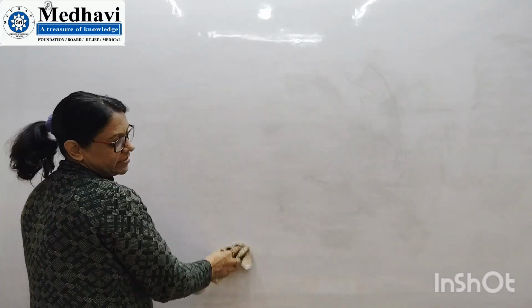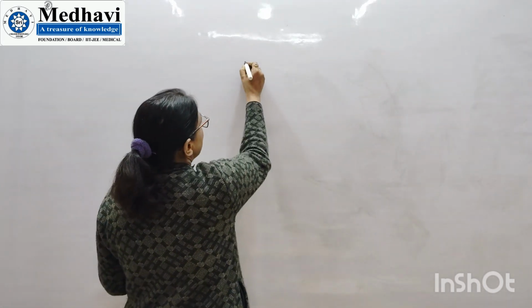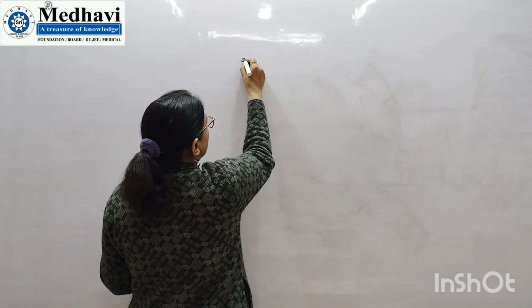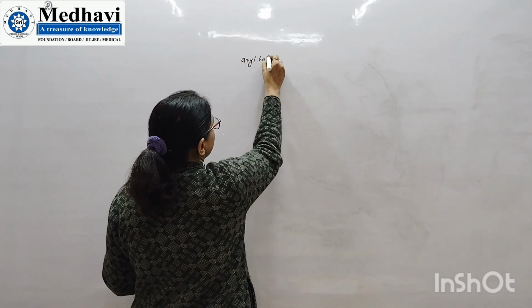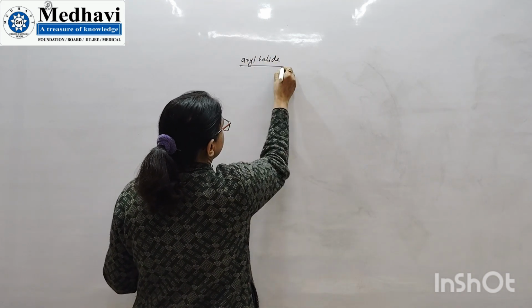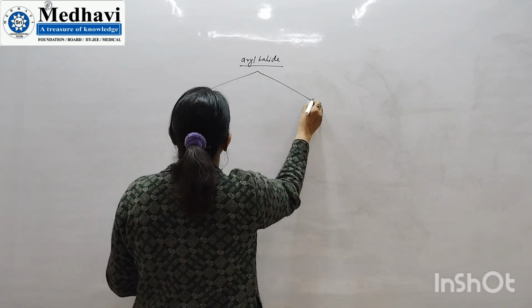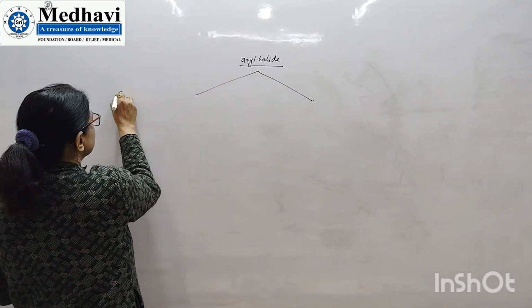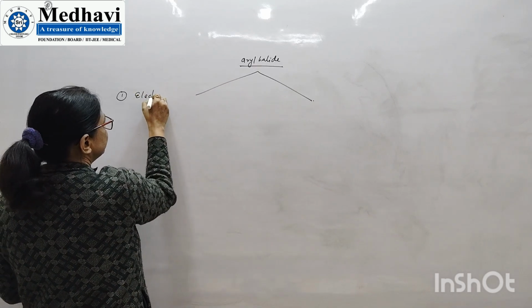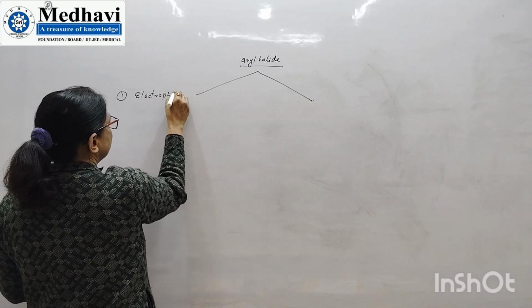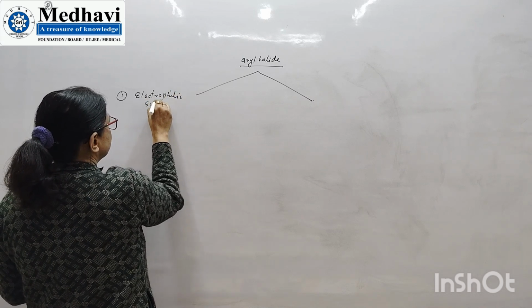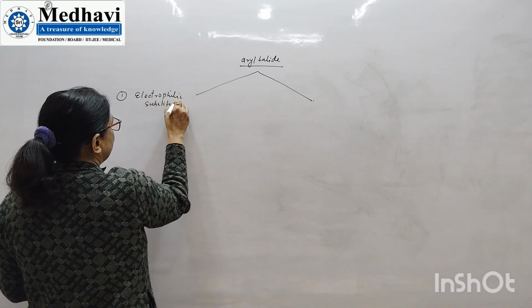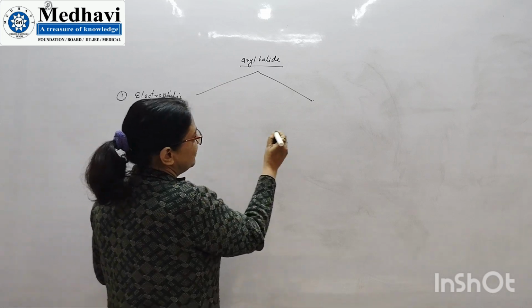Here we are going to use diazonium salt. So here, aryl halide. And two methods we are going to use. First is the electrophilic substitution. And second is the Sandmeyer reaction.